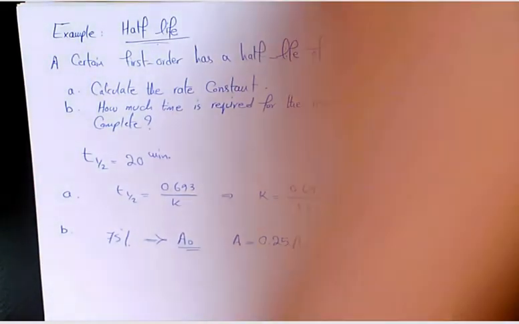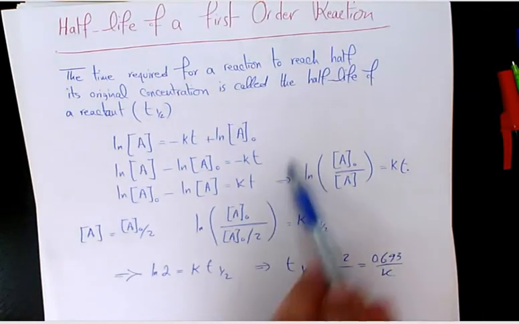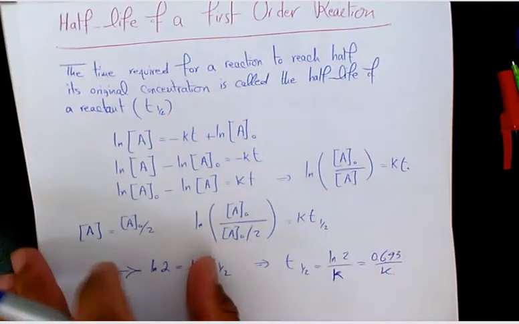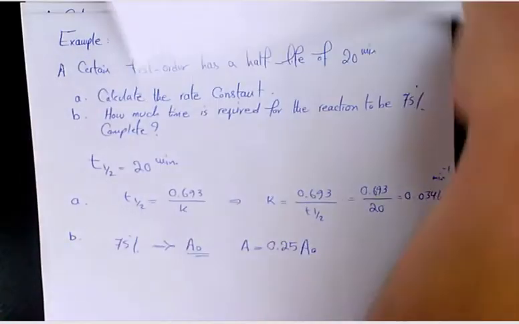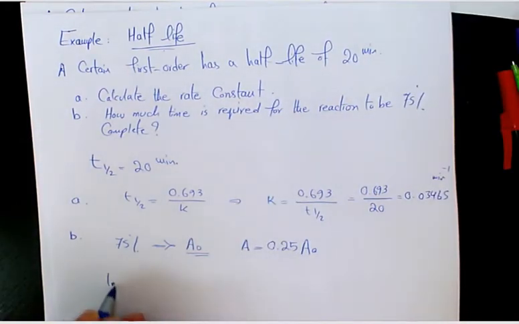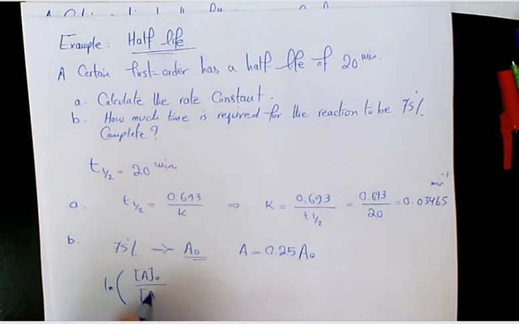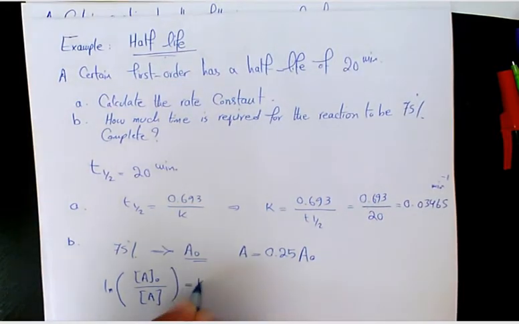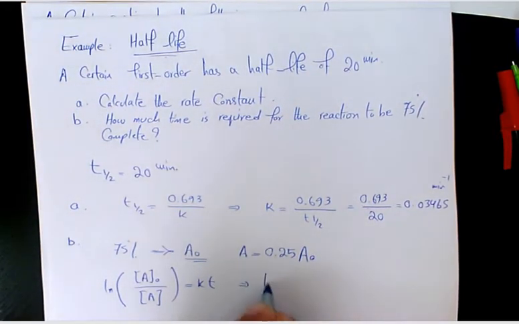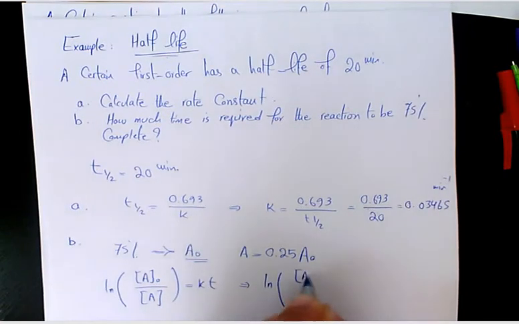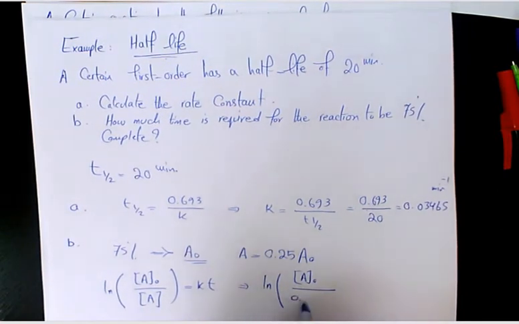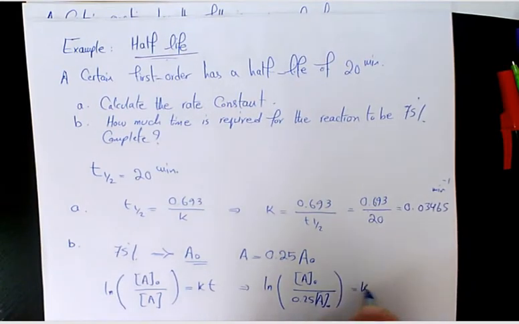So if I go back to the equation we had here, ln A naught divided by A equals KT. So that's going to be ln A naught divided by 0.25 A naught equals KT.